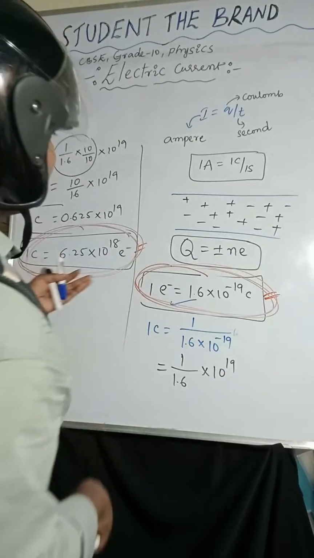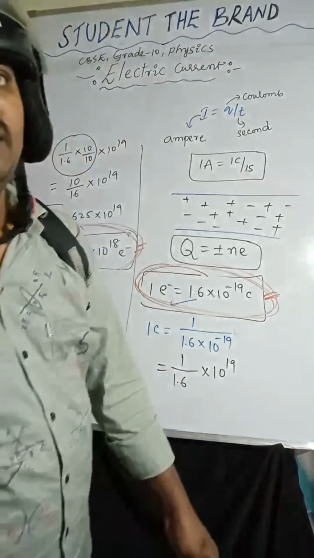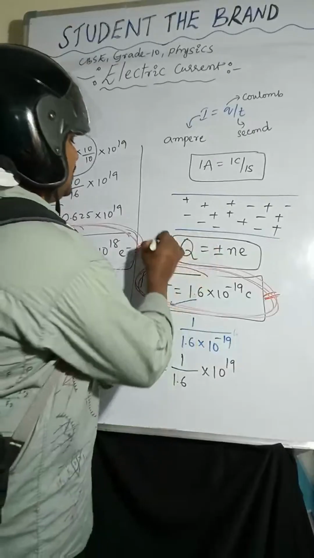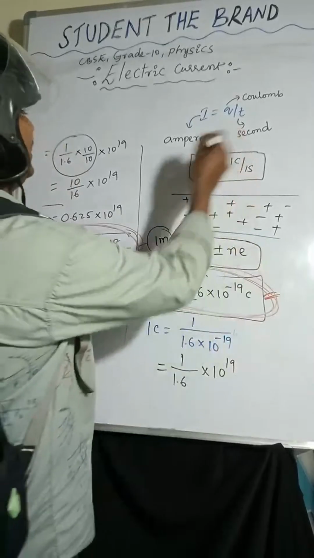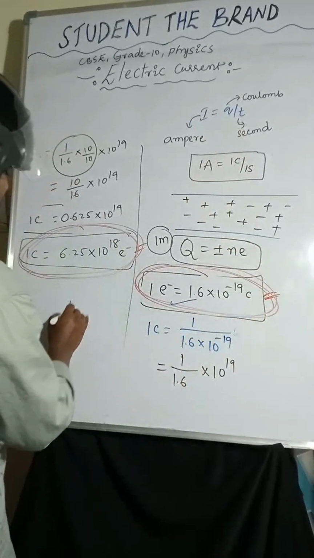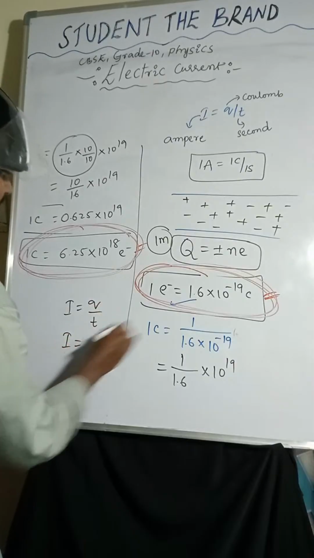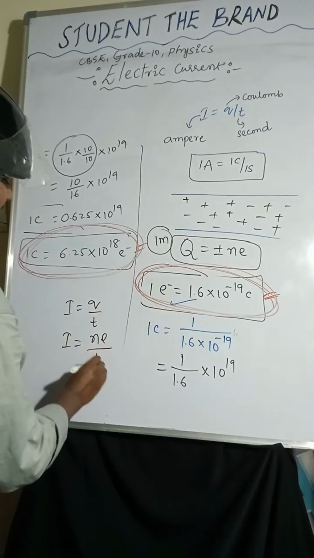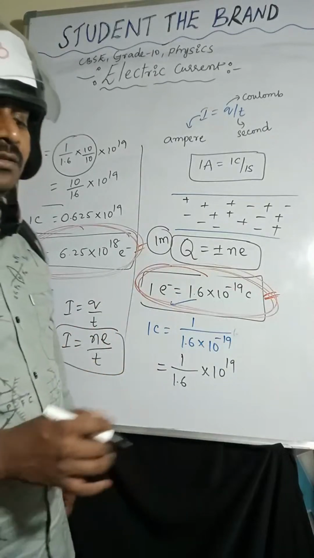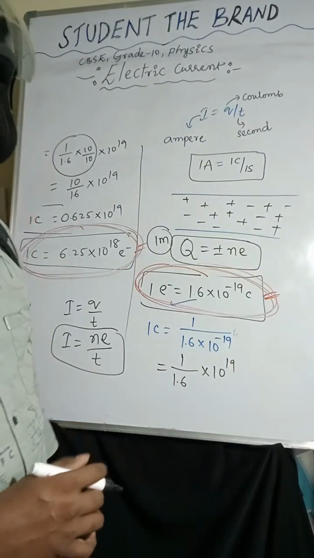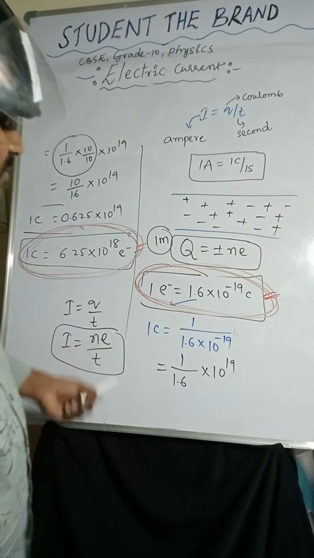From the MCQ point of view, these 2 points are very important. They will also give a question related to I equal to Q by T, that is I equal to NE by T. Related to this formula they will ask: in 1 ampere of current, how many electrons are flowing?